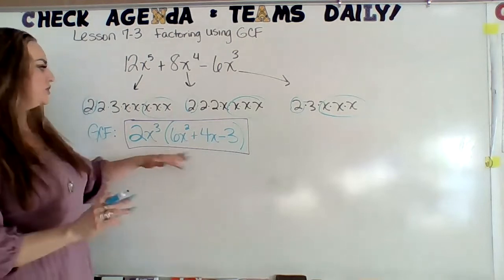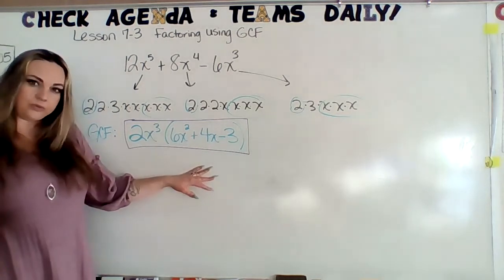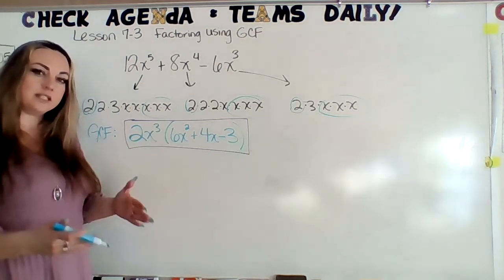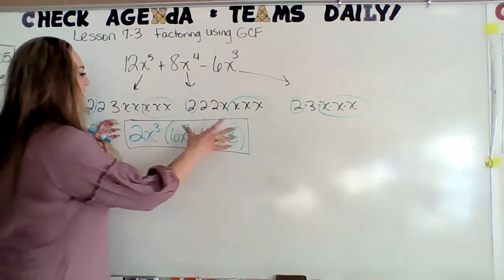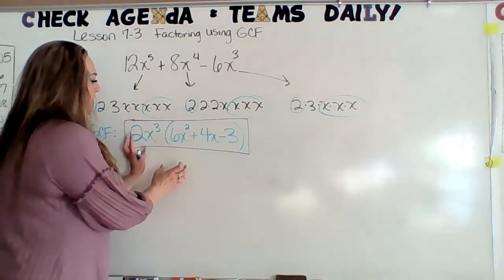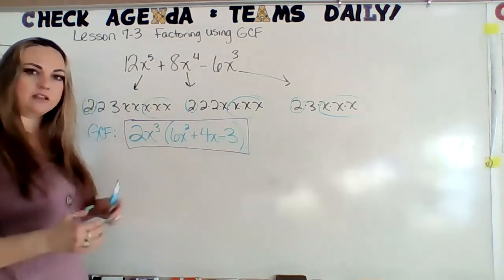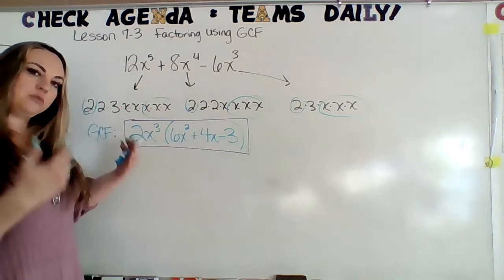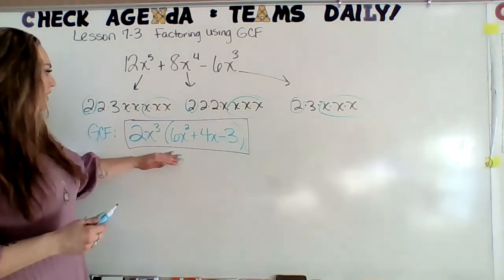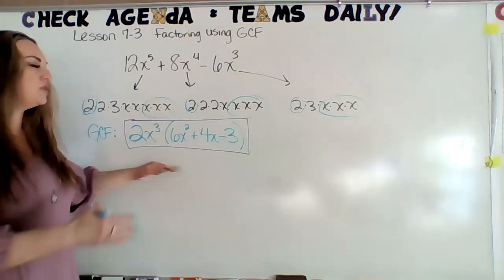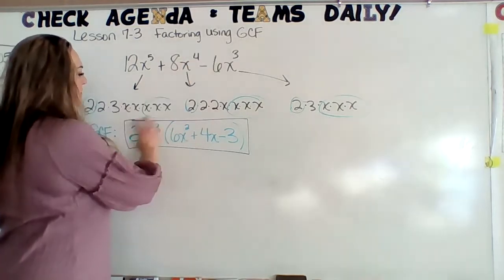That's all we have to do as of now. We will get into some other ones later where we're going to factor it into, instead of just a monomial, it might be a binomial and a trinomial or something like that. So they will get a little more advanced, but right now we're just factoring using greatest common factor.